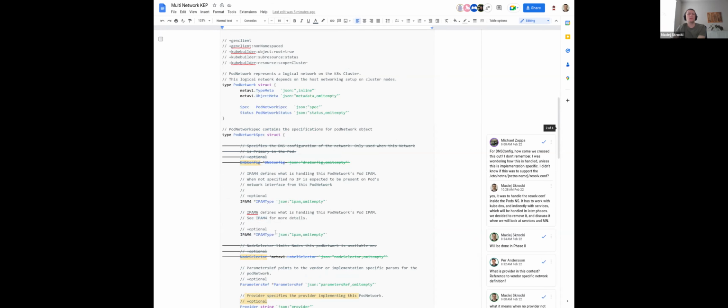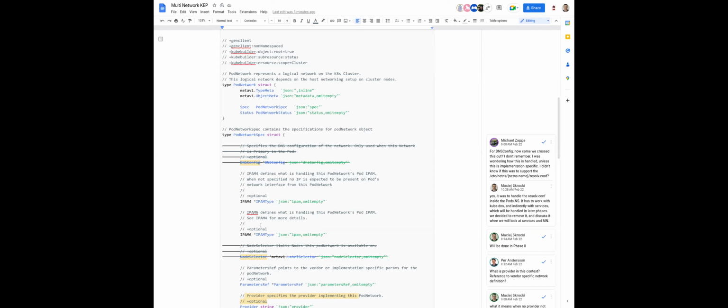A minor question: is there any reason why you do not mention IPv4 and IPv6 in each description, IPAM4 and IPAM6? What do you mean? Currently IPAM4 defines what is handling. Implicitly IPAM4 seems to be for IP version 4, and IPAM6 is for IP version 6. That's correct, yes. But this is not explained explicitly.